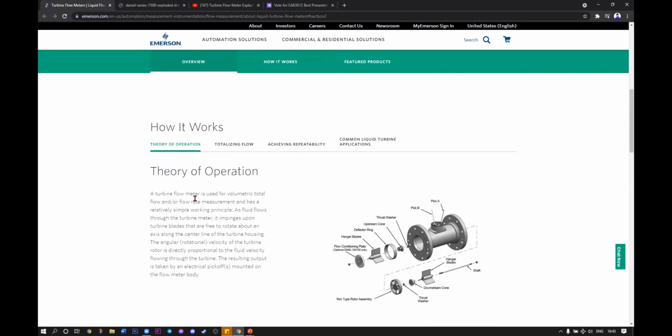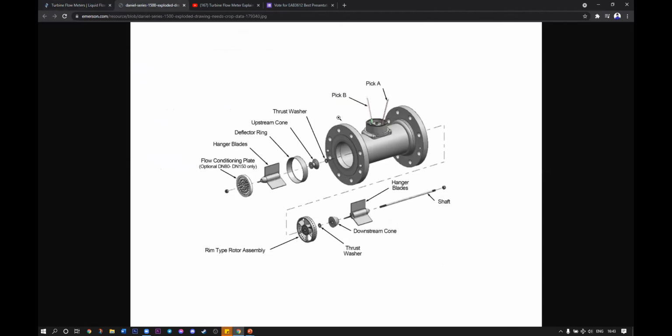This is the component in the turbine flow meter. The important one that I want to highlight here is the rim type rotor assembly, because the rotor will be pushed, and then it will show the flow rate.